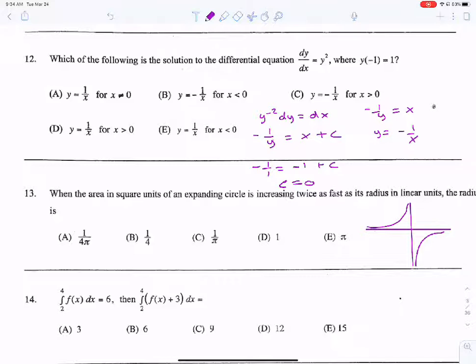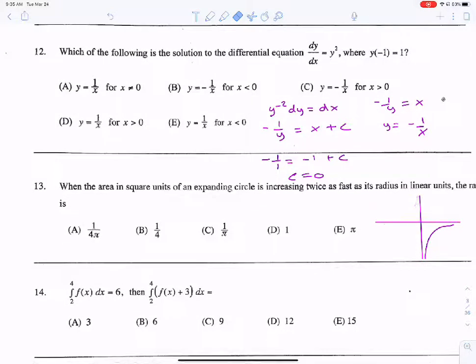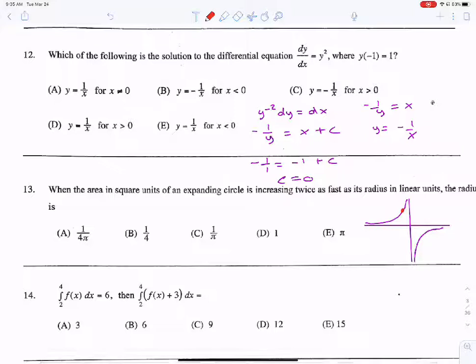Did I do that wrong? Let's double check. If I plug in 1, yeah, no, I think I'm okay here. So when I plug in the point (-1, 1), I think you guys would agree I'm looking at this branch.